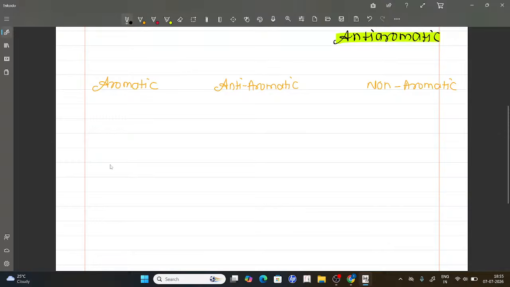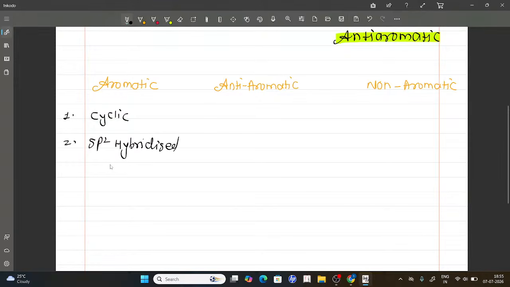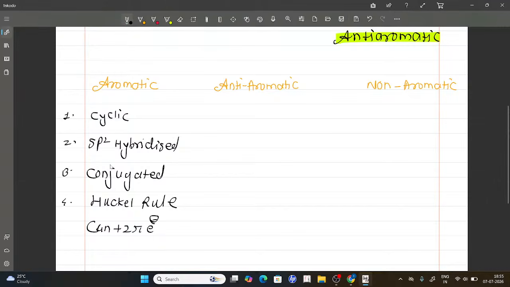Okay, so we studied here: if the compound is cyclic, if the compound is sp2 hybridized, if your compound is conjugated, if your compound obeys Huckel's rule. Huckel's rule is nothing but the 4n plus 2 pi electron rule.